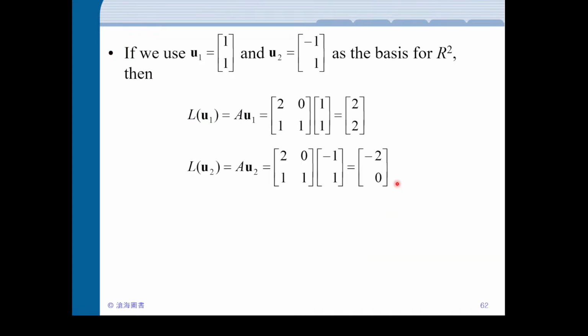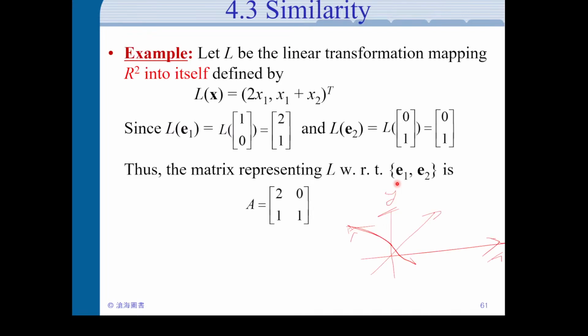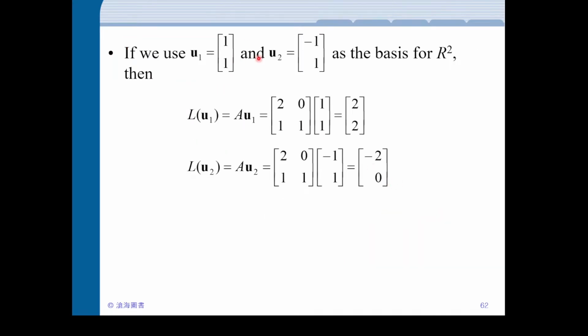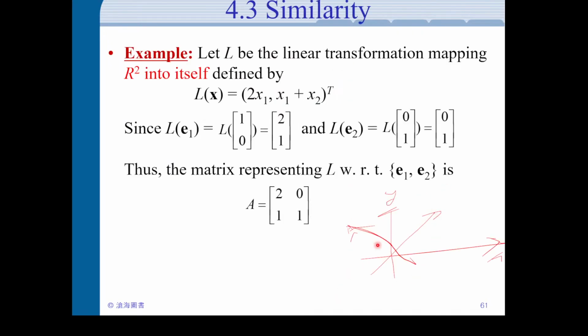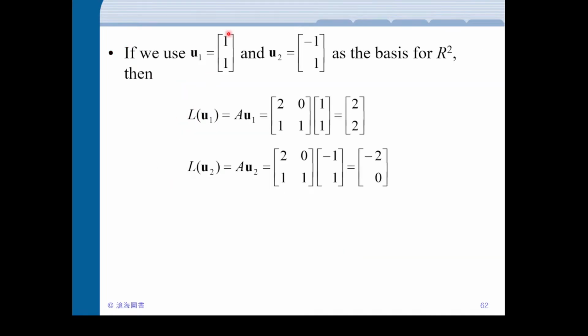That basis will be U1 and U2, although they are not unit vectors, so it's a bit weird. But anyway, the idea is roughly like this. We want to rotate by 45 degrees and see how the coordinates change. So we have U1 and U2: U1 equals the vector (1, 1), U2 equals the vector (-1, 1).